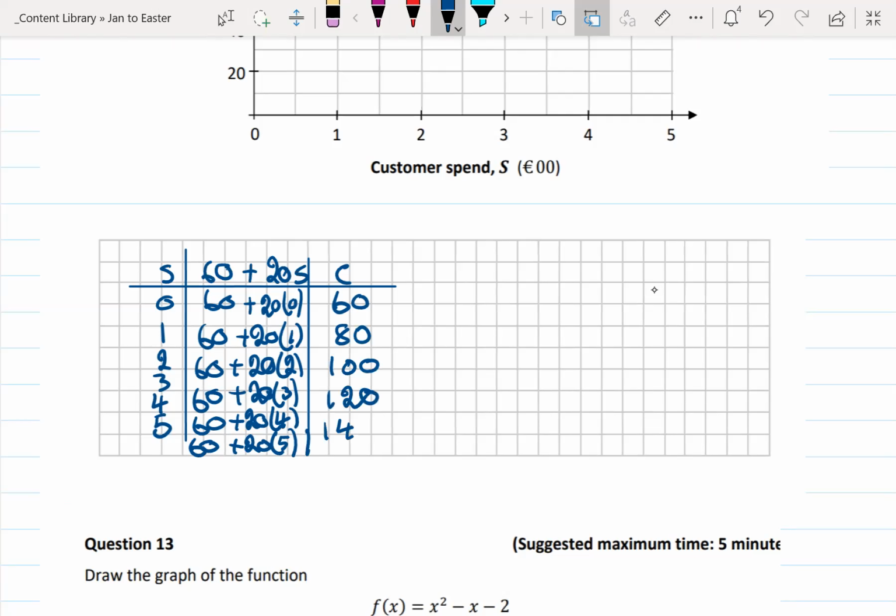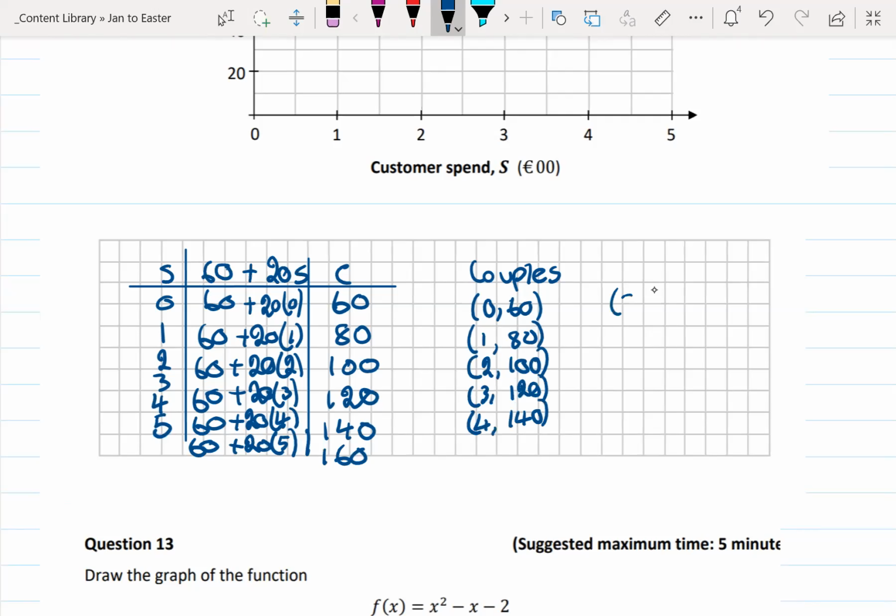Don't forget to do the couples, because this will give us our points on the coordinate plane. 0, 60, that's where we start. I already have that point on the graph. 1, 80, 2, 100, 3, 120, 4, 140, 5, 160.